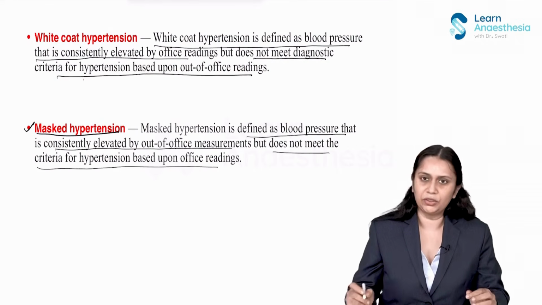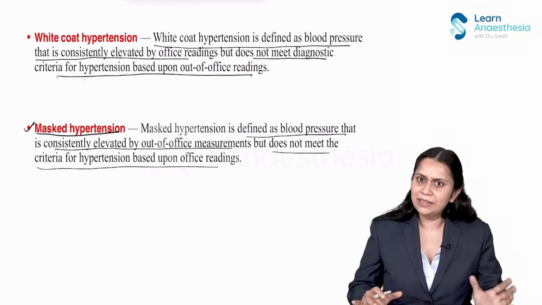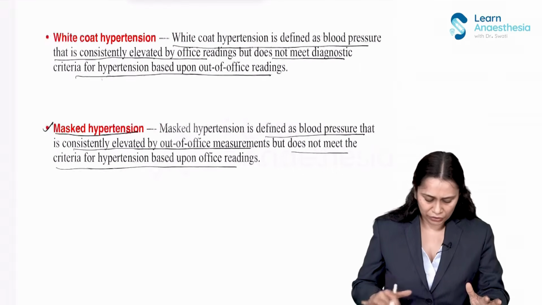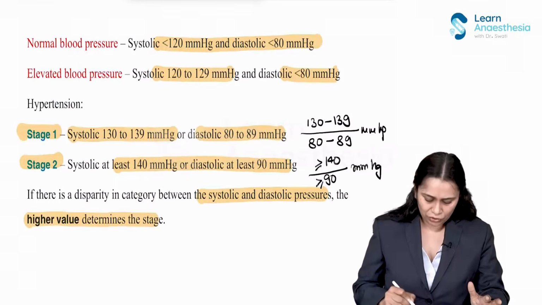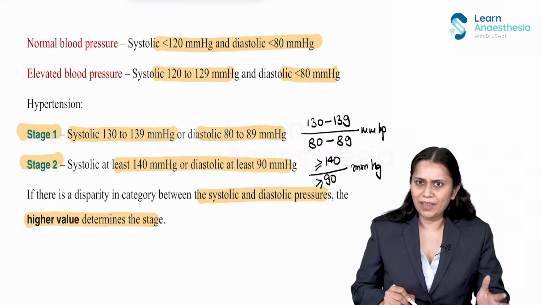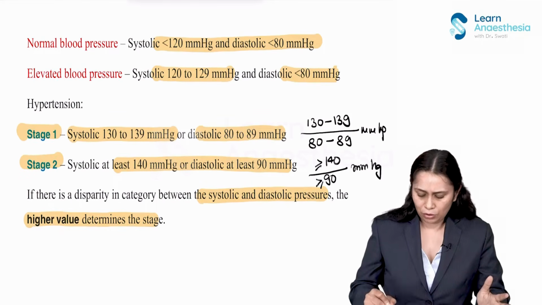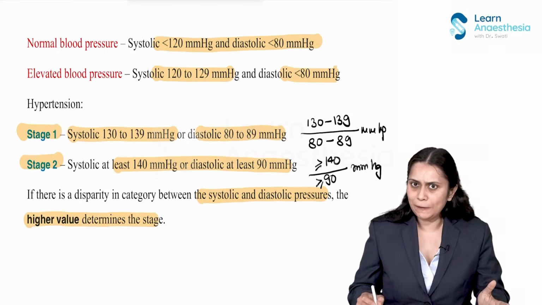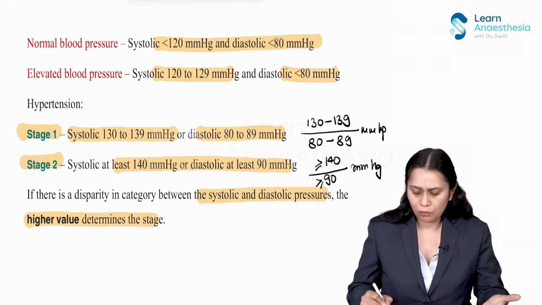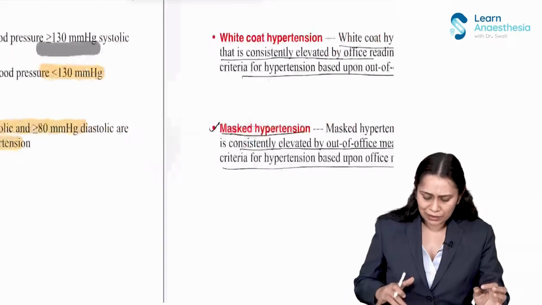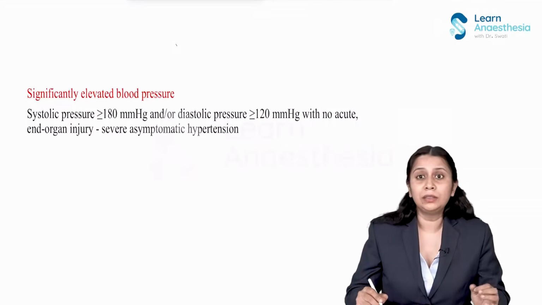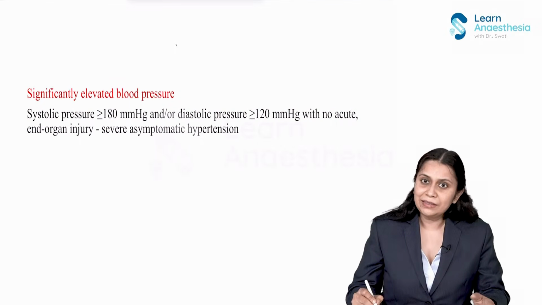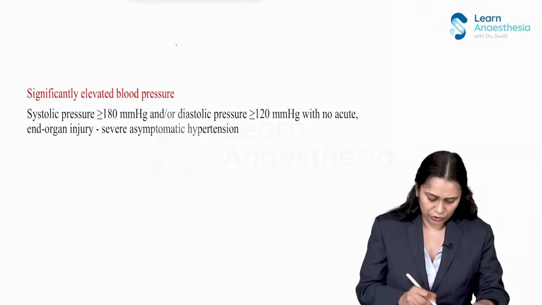So masked hypertension. Now, we discussed stage 1 and stage 2 hypertension. Stage 1 is between 130 to 139 by 80 to 89 mm of Hg. Stage 2 is above or equal to 140, above or equal to 90. But there is a stage which is above stage 2 as well. That is significantly elevated blood pressure.